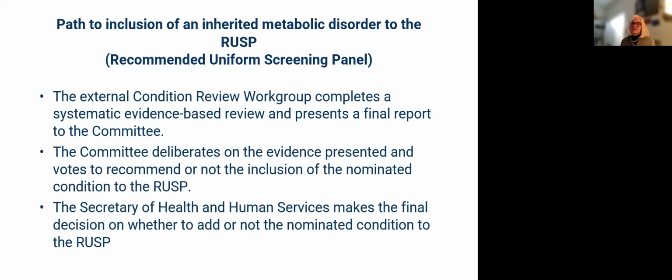And then finally, the Secretary of Health and Human Services makes the final decision on whether or not to add this condition to the RUSP. So we are at this point now. The external condition review work group is reviewing all the evidence in order to present the final report to the committee. Next.